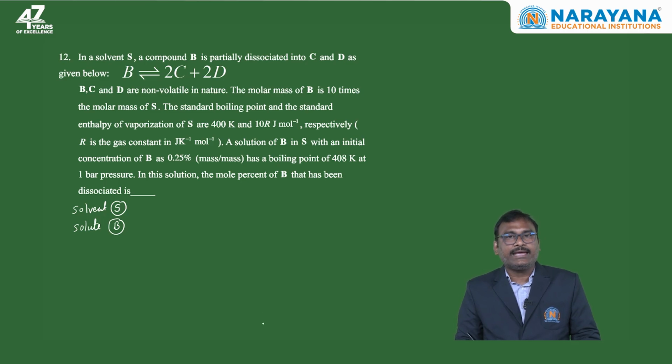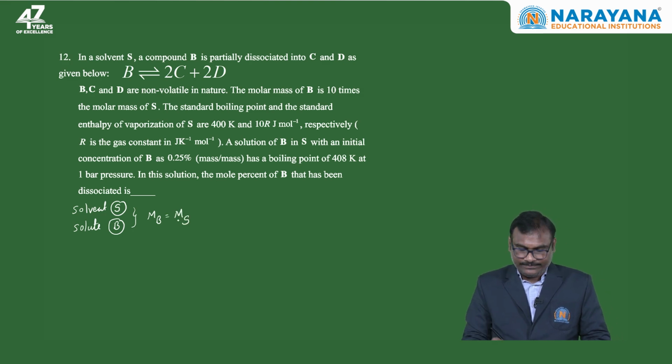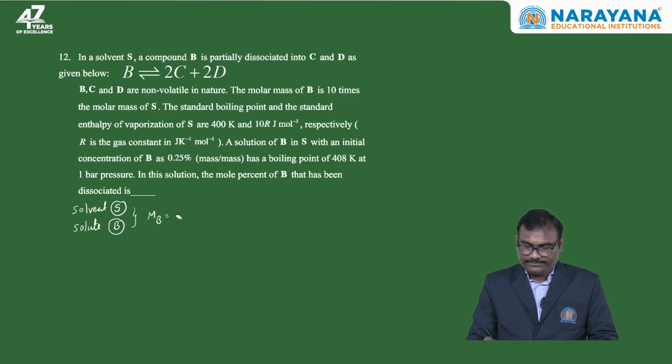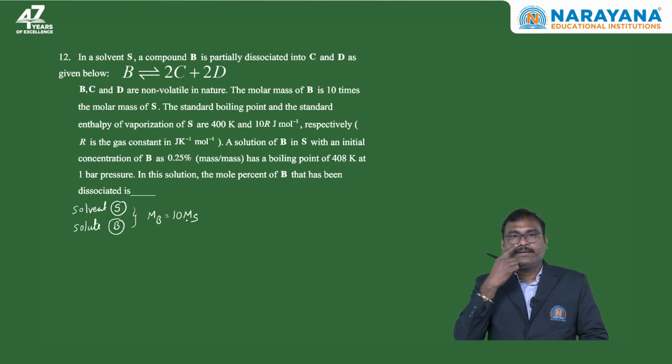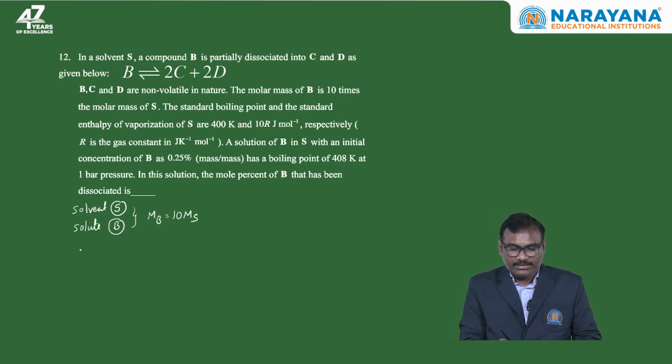The molar mass of B is 10 times the molar mass of S. The standard boiling point is 400 Kelvin, that is the boiling point of the solvent. Enthalpy of vaporization of S is 10 R.